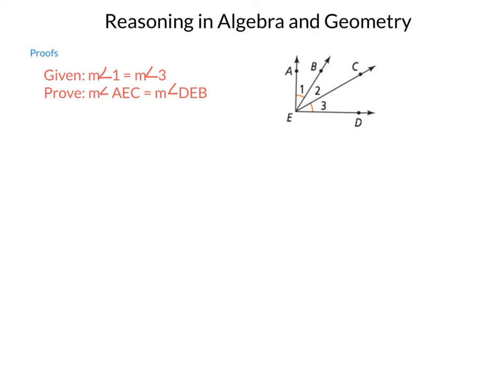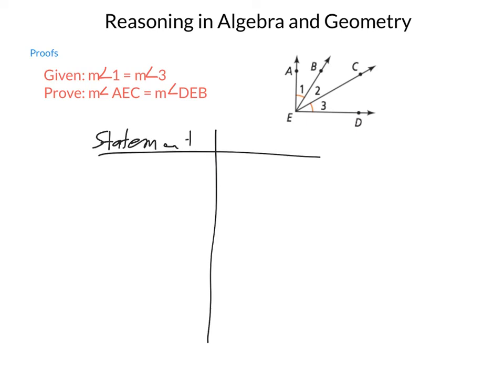So given that the measure of angle 1 is equal to the measure of angle 3, prove that the measure of angle AEC is equal to the measure of angle DEB. Okay, and we're going to do this one in our two-column method. So I'm going to set up my two columns. On the left, I have my statements. And on the right, I have my reasons.